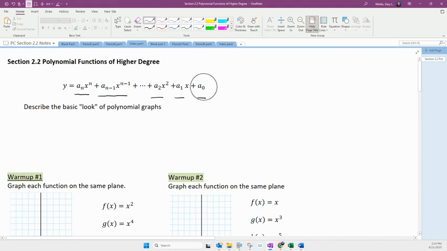There's your constant term. The a sub n and the a sub n minus 1 are just describing the coefficients that go with the x to the nth, the first term. So if this is x to the 5th, then this is a sub 5, telling you the coefficient on the term that is x to the 5th. Long story short, it looks more intimidating than it is.